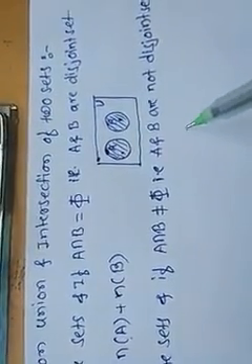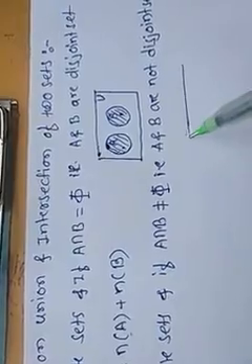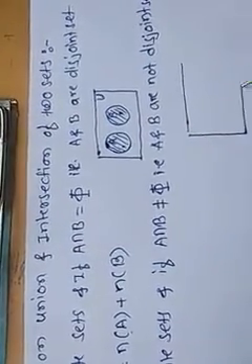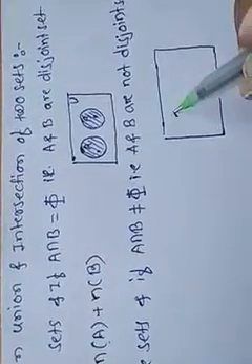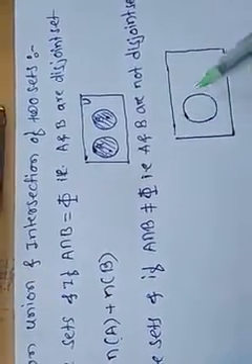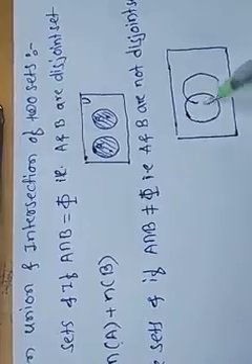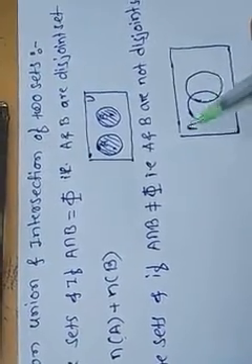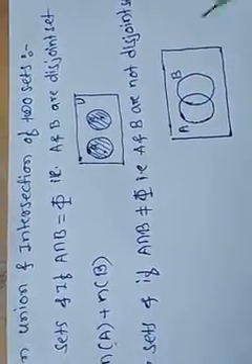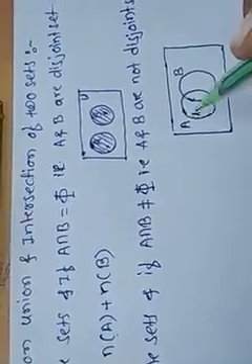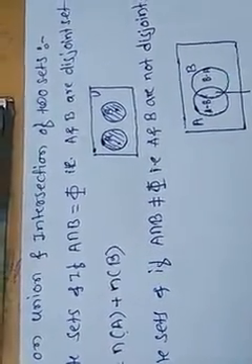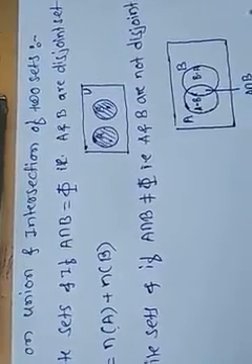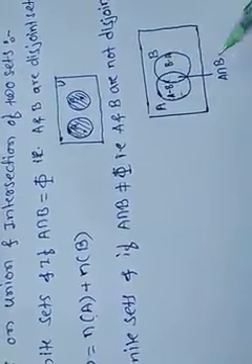If we draw a Venn diagram of this type, we will get some part common from A and B. This is our set A, B. Here this region will be A minus B, this will be B minus A, and this common part will be A intersection B, and the union part will be the addition of all of these.